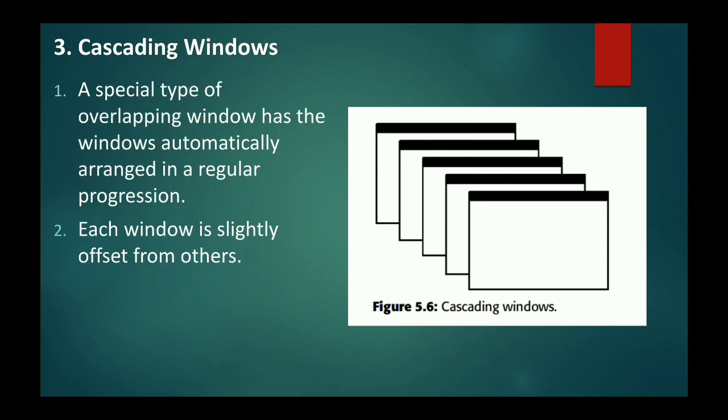Like a cascade, some part is hidden and some part is shown. One window is behind another, the third is behind the second, the fifth is behind the third, and so on. So this is the cascading windows presentation style.